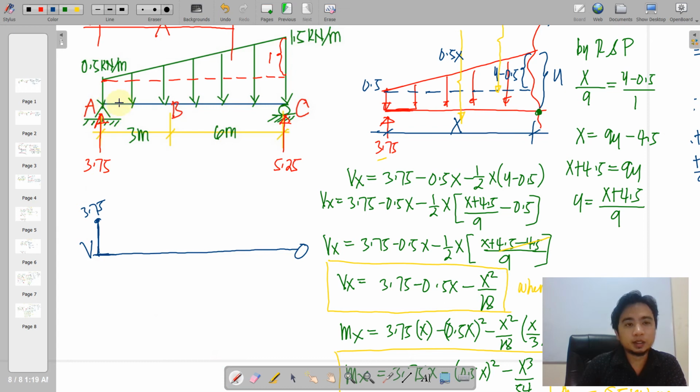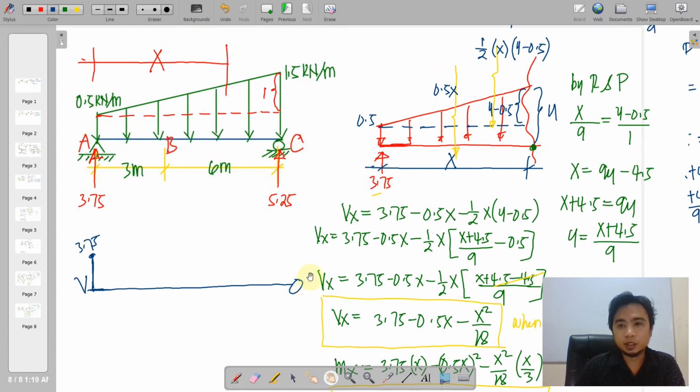And then consider all of this area, this is a trapezoidal area, and we know that this trapezoidal area has the rectangle and the triangular result of this figure. So when we add that, we have 9.